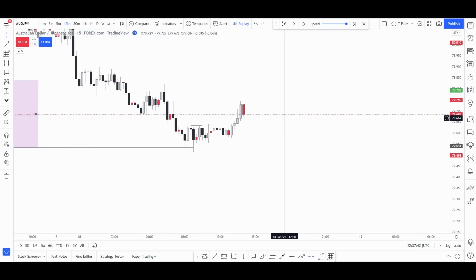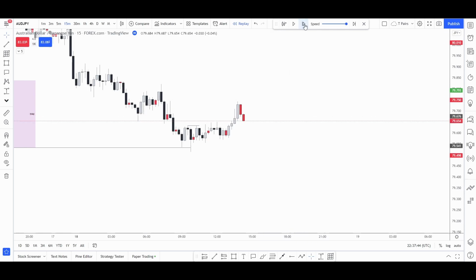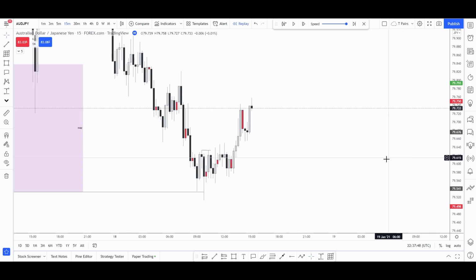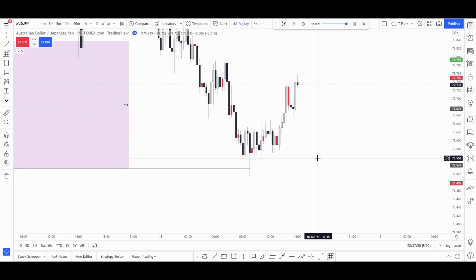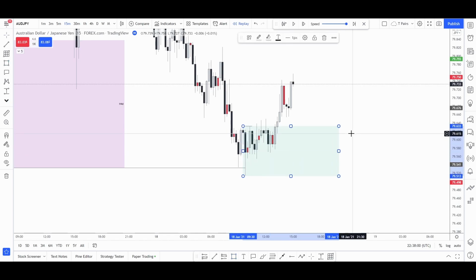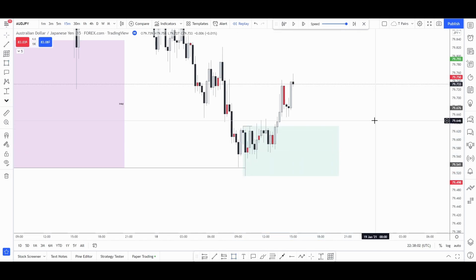Okay, so what can we get from this? I am interested in this. This is huge. That's frustrating. That's a massive candle.